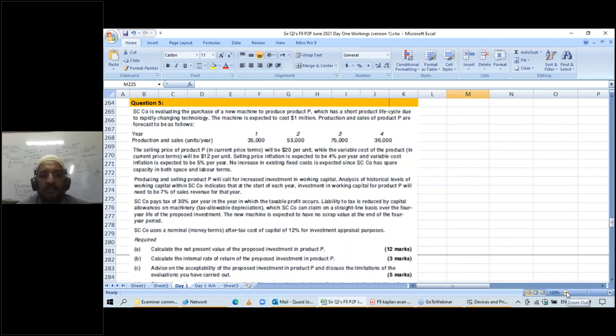So students, please read this question. I'm giving you around 4 minutes to read it, and then I will start doing it. This question involves inflation, taxes, capital allowances, and working capital as well, including changes in working capital during the project.